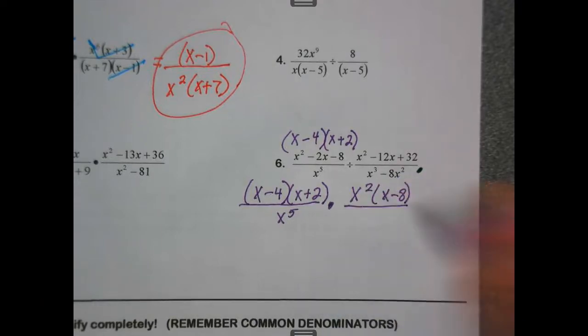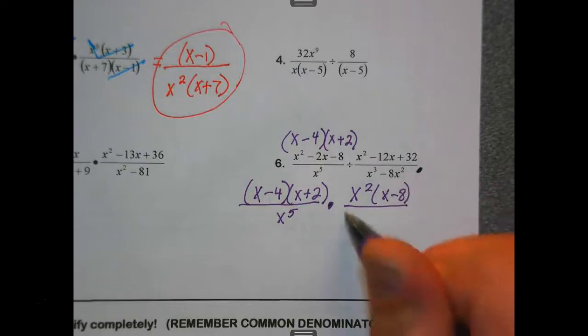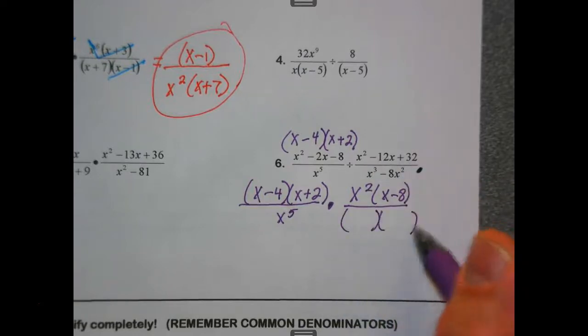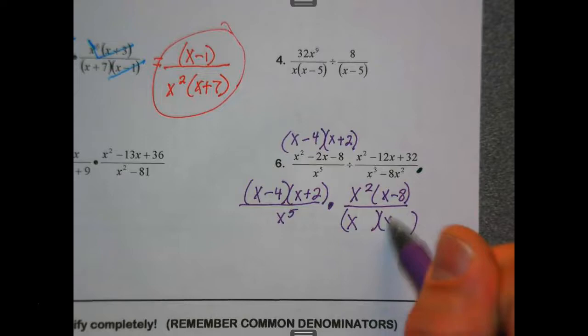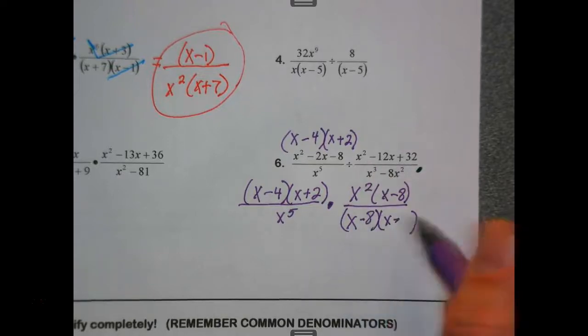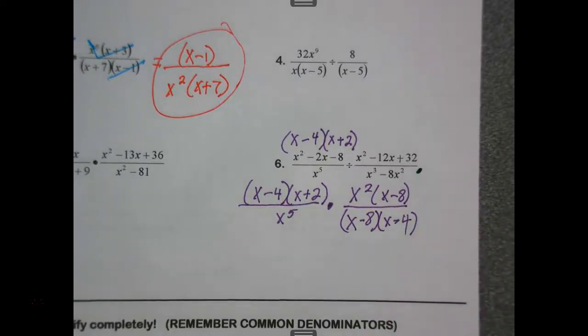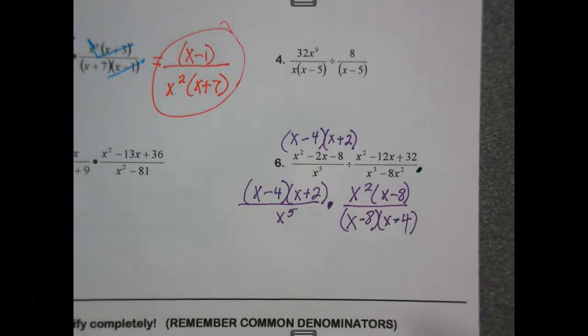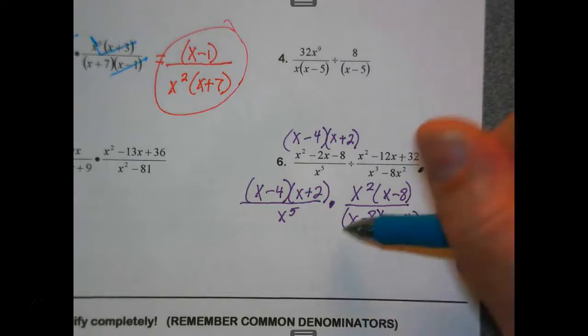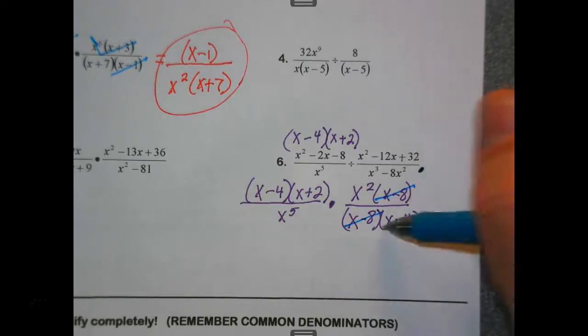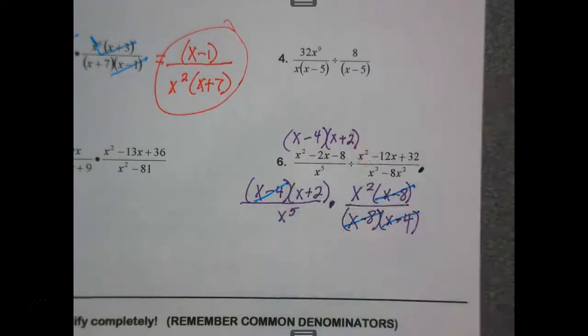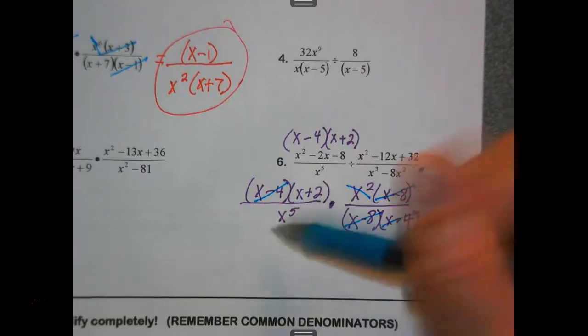Okay, factor the top. See, plus minus, so it's minus 8 and 4. Okay, let's cancel out. X minus 8, X minus 4. 2 X's go into 5 X's.